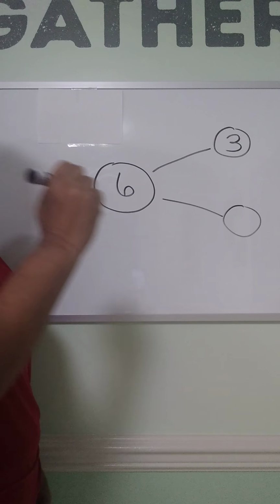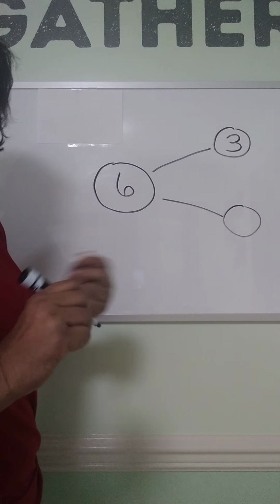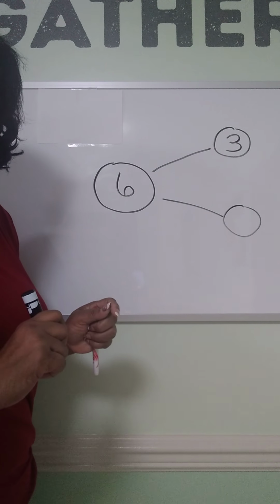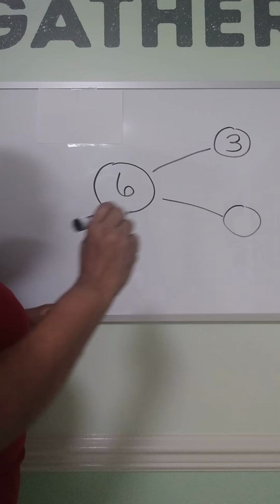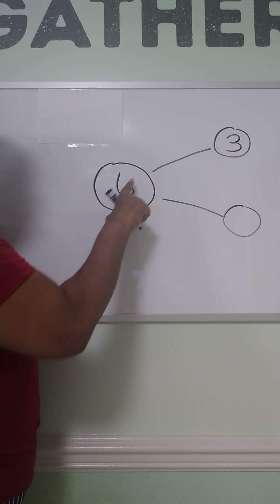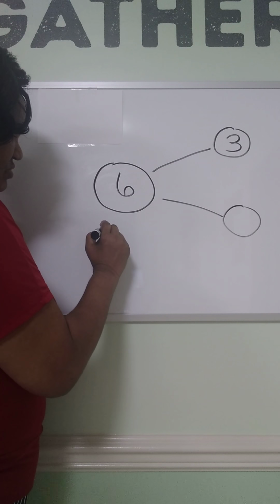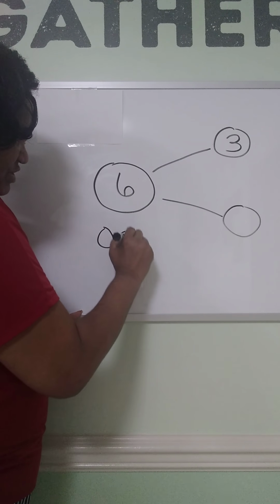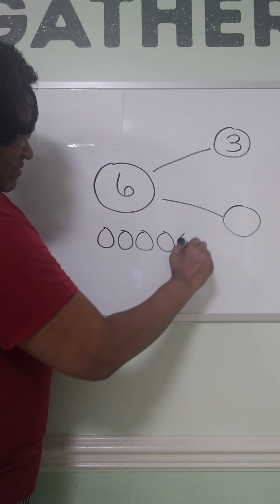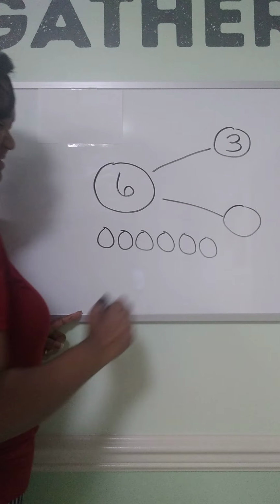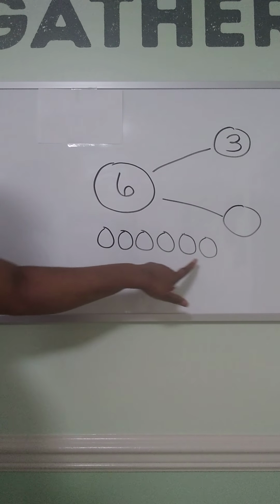So now I'm going to draw it, and this is the process that I use. You can also use your fingers, okay? And I'll show you how to do that in just a minute. I'm going to draw 6 circles. 1, 2, 3, 4, 5, 6. I have 6 circles.